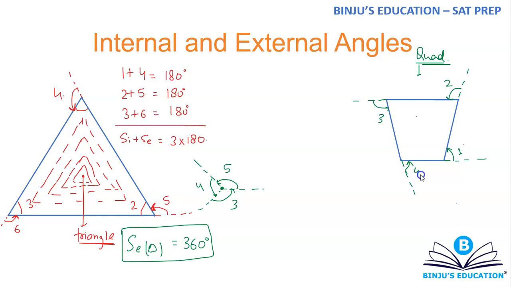If you want, you can take them in clockwise direction also. Now keep on reducing this, make this quadrilateral smaller and smaller, again up to an extent that it becomes a dot. Once you do that, you'll observe that you can represent your external angles around that dot as something like this.